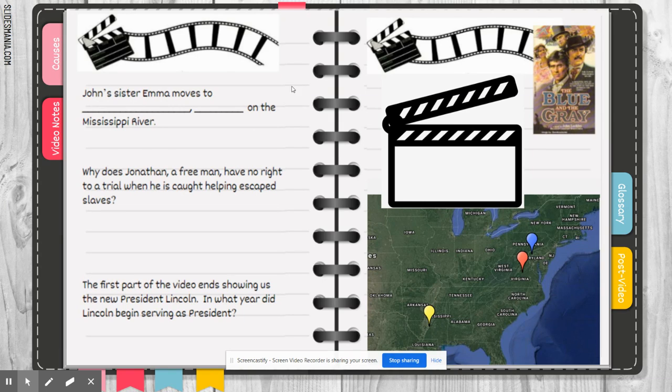John's sister Emma, she's going to get married and she moves to Vicksburg, Mississippi, right on the Mississippi River. Her husband is a trader, not traitor, but he trades goods on the Mississippi. And so he has a boat that he ships things back and forth up and down the Mississippi River. He has his own steamboat company.